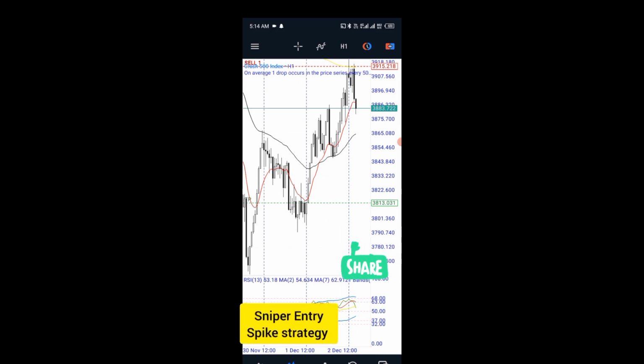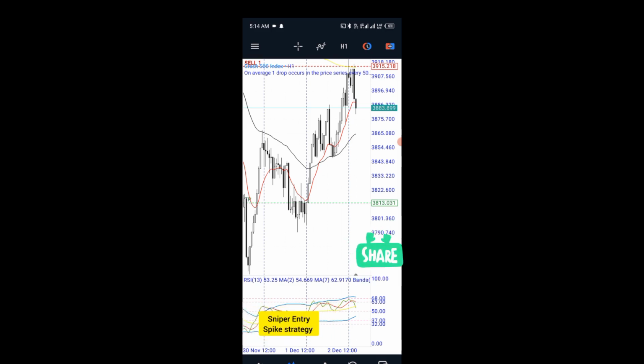Any changes in the price, there will be changes on the indicator. So this kind of indicator is what we call a lagging indicator. Right? And these lagging indicators are not effective. But as far as Boom and Crash is concerned, TDI still remains the most powerful tool you can use to trade spikes.